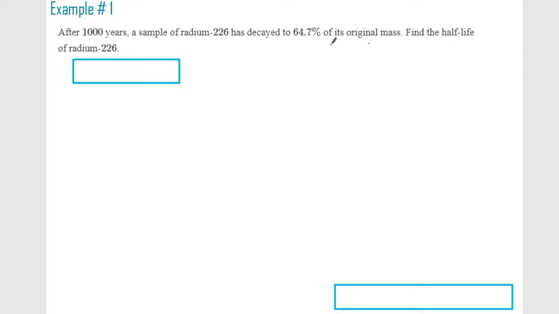So first we need to think about our equation. If we start with some initial amount, we'll call that A sub 0. So that's what it starts with. Okay, we multiply by e, and since it's a decaying problem, we know that is going to be a negative lambda.